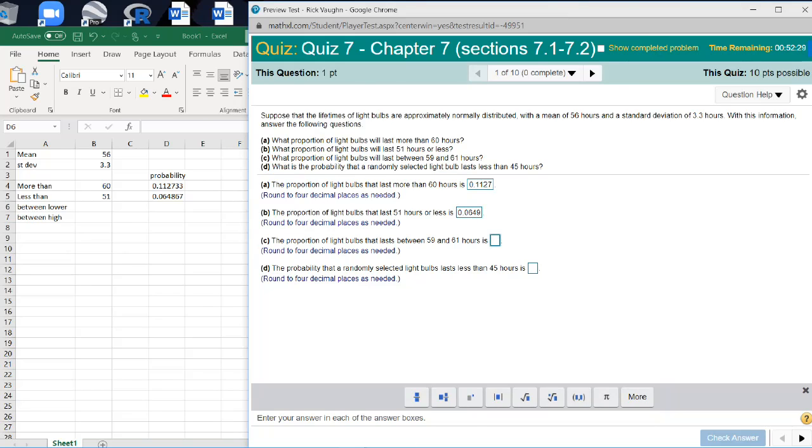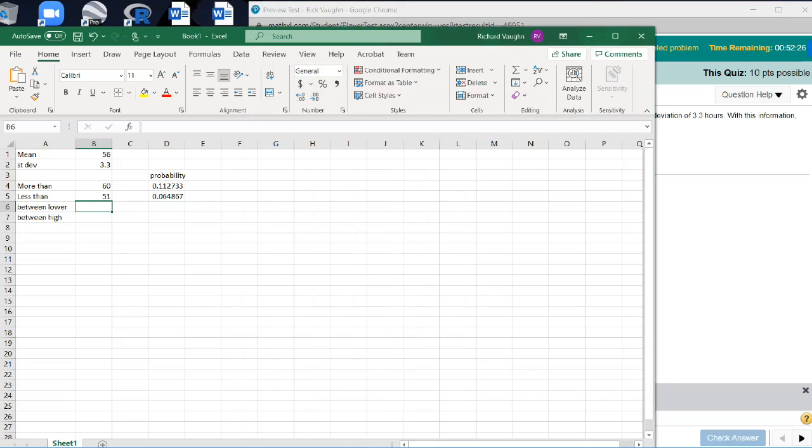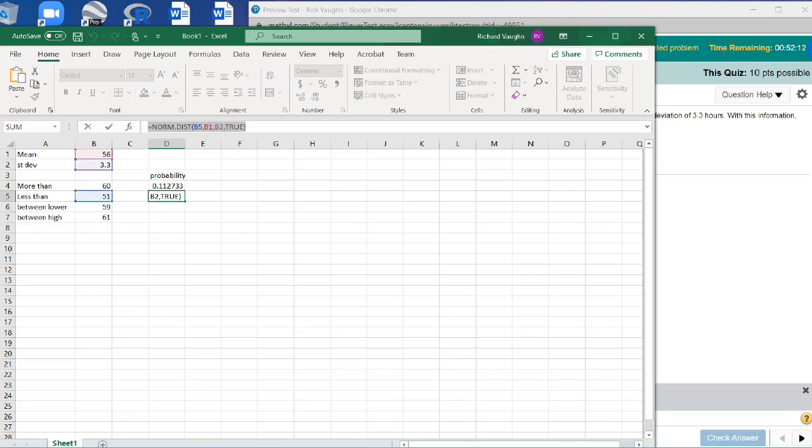Now we're going to try the between. All right, so I want between 59 and 61. So what I'm going to do is do the same thing that I did here with the less than. All right, in fact, I can just copy it and edit it if you want. Paste, and paste.